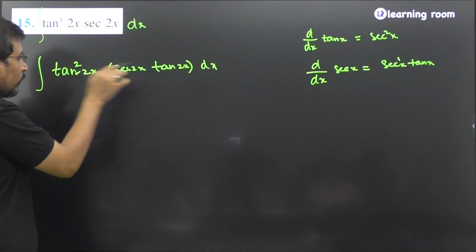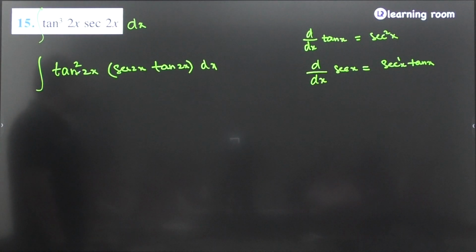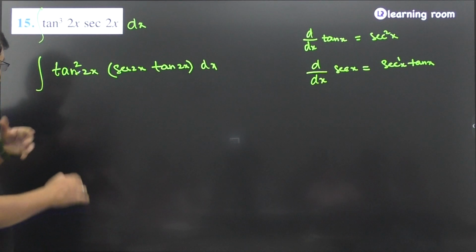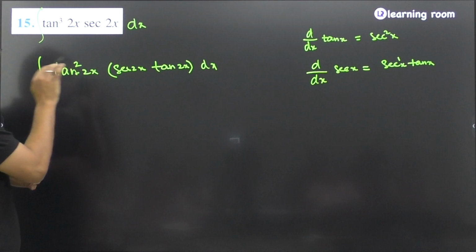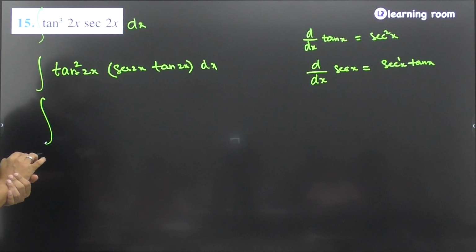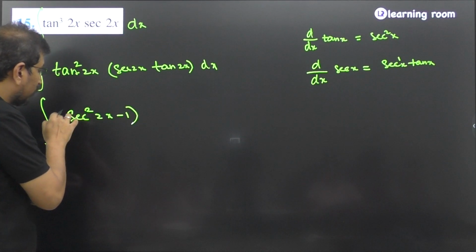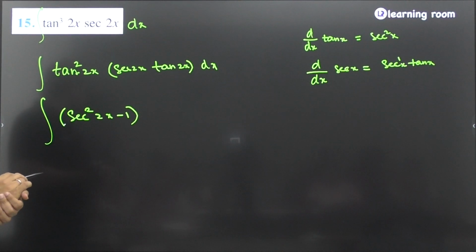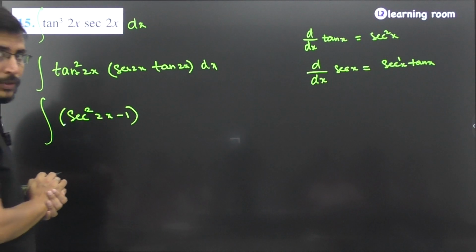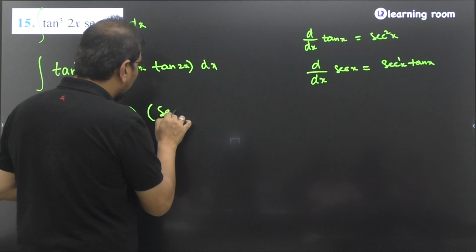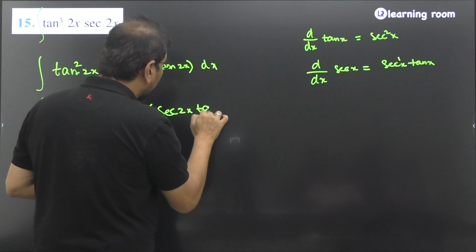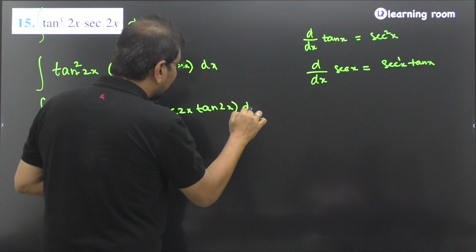Makes sense? Now, this tan square 2x, I can write as secant square 2x minus 1, into secant 2x into tan 2x dx.